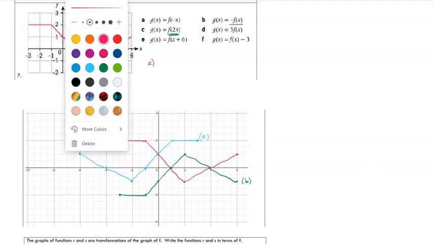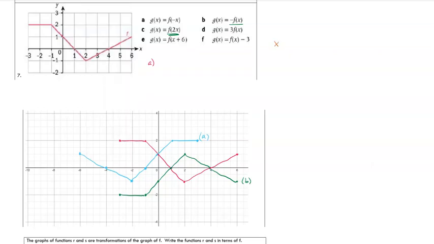Let's use orange, x and y: -3, 2; -1, 2; 0, 1; 1, 0; 2, -1; 4, 0; and 6, 1.